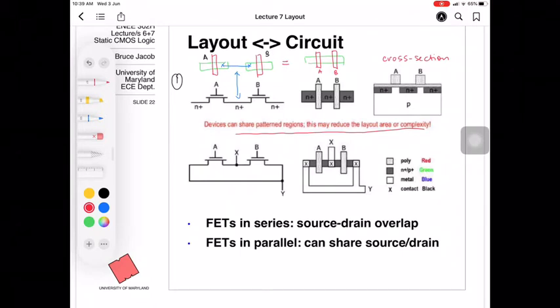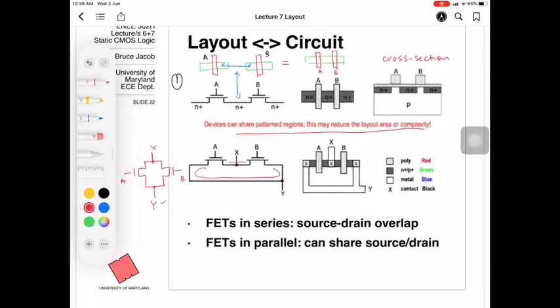In the cross section, you can see that the diffusions are like this. If you have them in parallel, these two are actually in parallel like this. This is A and this is B, and this is X and this is point Y. When you expand them, they actually look like this.